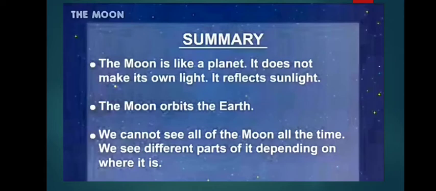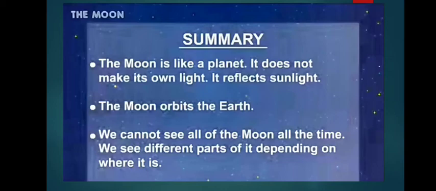But the earth takes 365 days to complete one revolution, but the moon takes 28 days to complete one revolution of the earth. So it is like a cycle, okay? Earth revolves around the sun, the moon revolves around the earth.